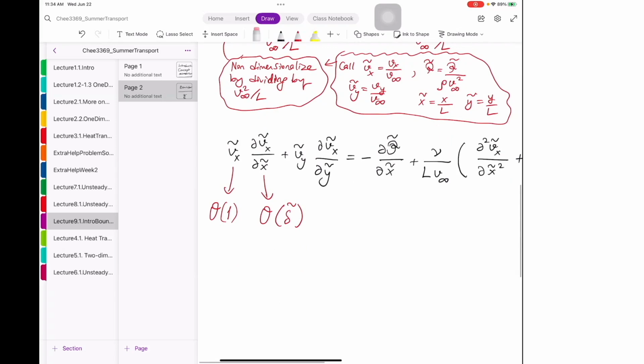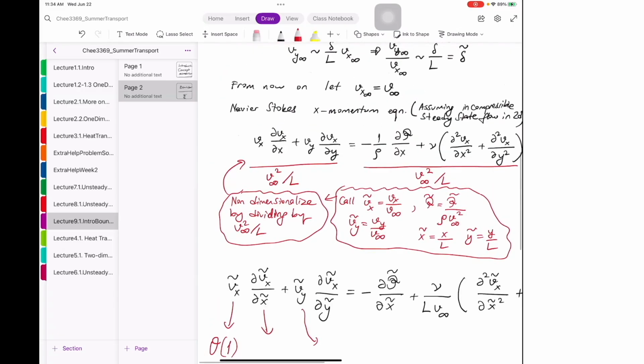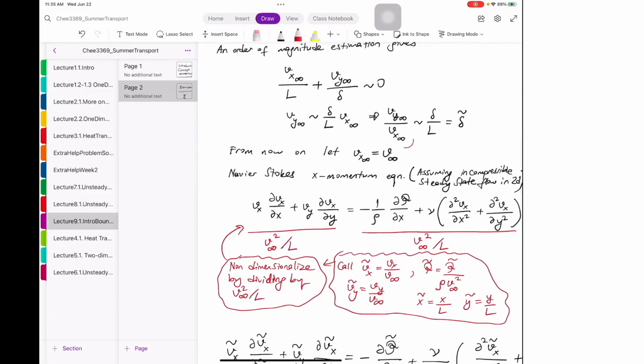So, let's forget about this for a moment. The Vy tilde, if you have a look at this, is in the order of delta tilde, as you can see from the continuity equation.